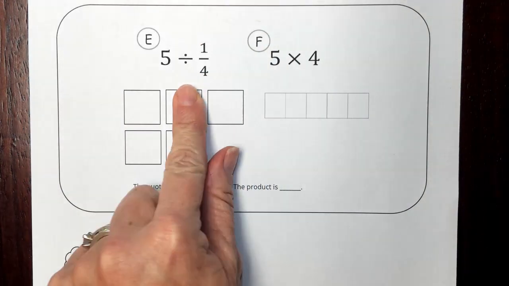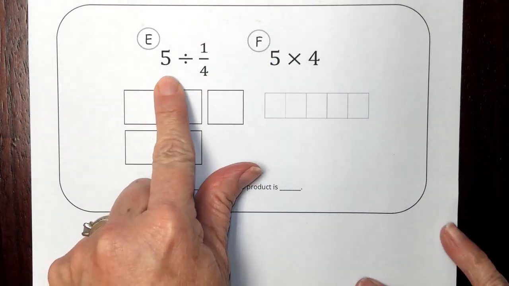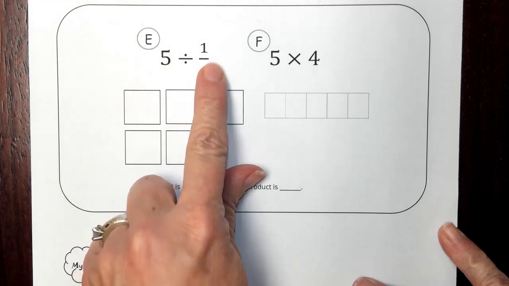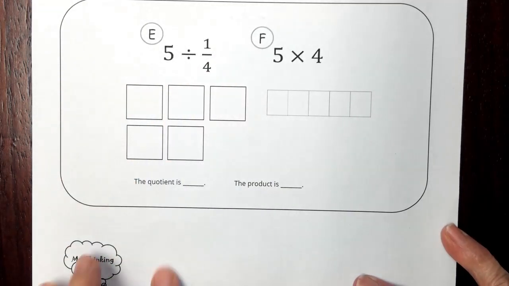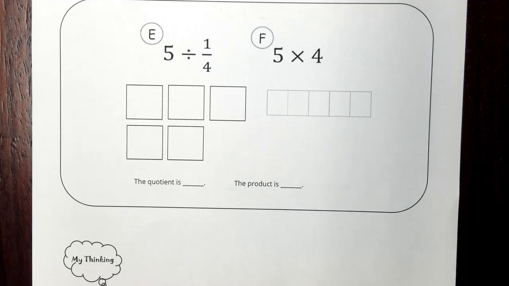What does this really mean? What will I do? 5 divided by 1/4. What would I have to do to these pictures? Emily Morgan.